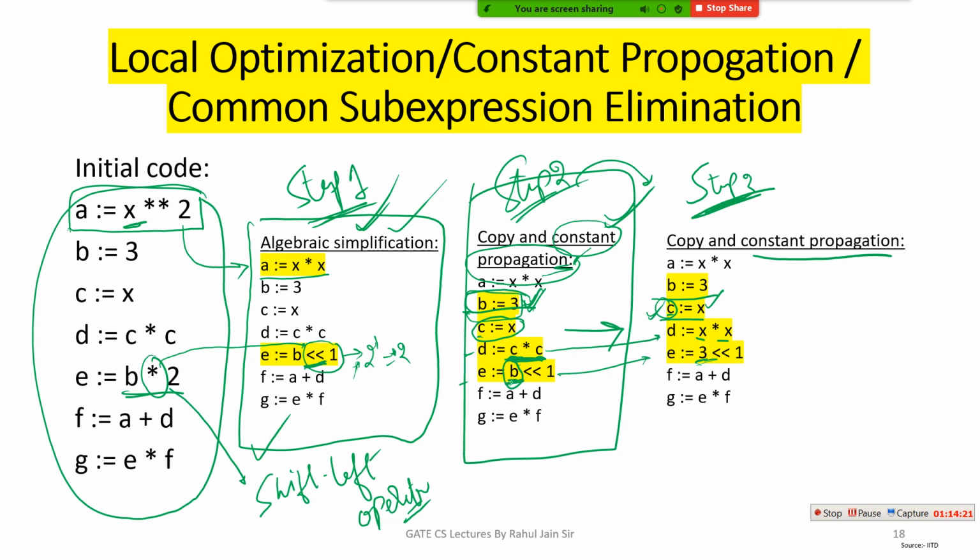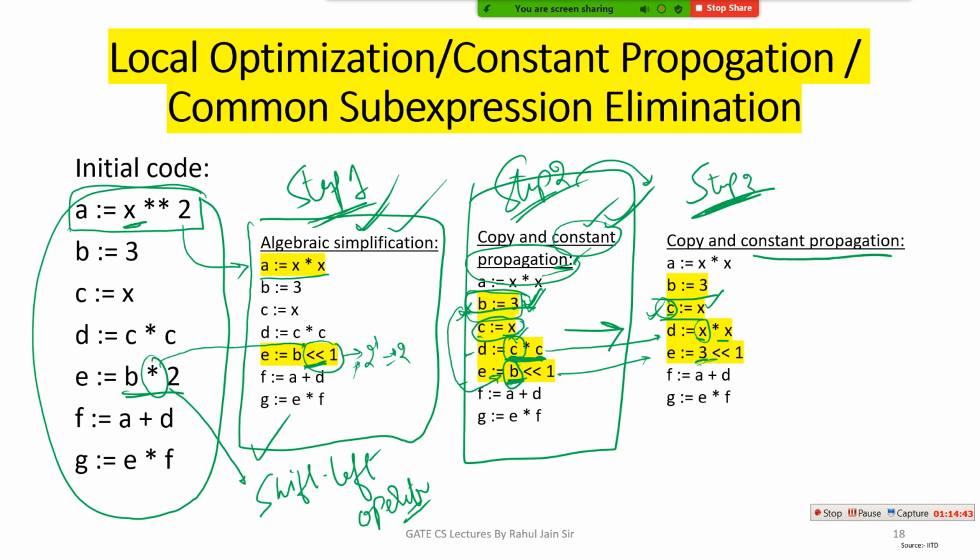So if on the right hand side a constant is there, and if we have the value of that constant, and we replace the constant with its value, it is called constant propagation. And if we replace it with a variable, here this c is replaced with this x, it is called variable propagation, because we are replacing this c with the variable x.